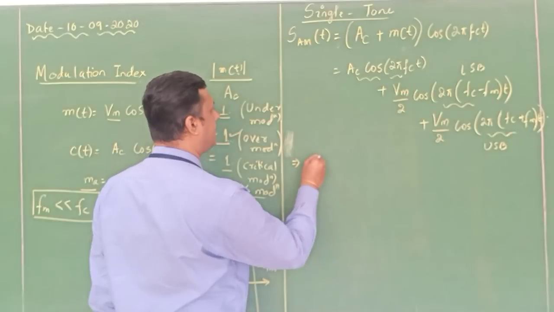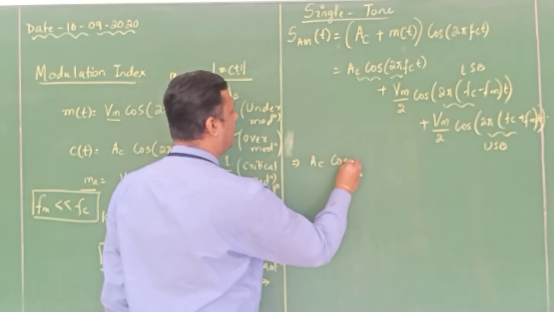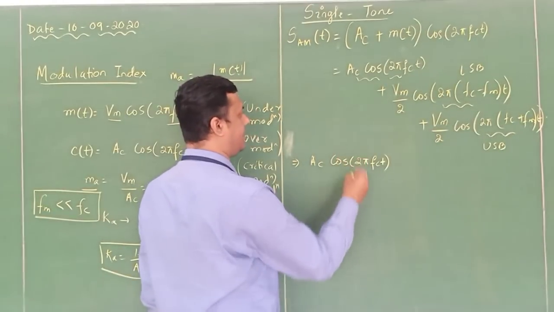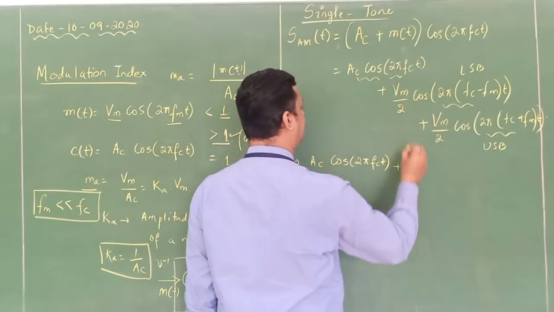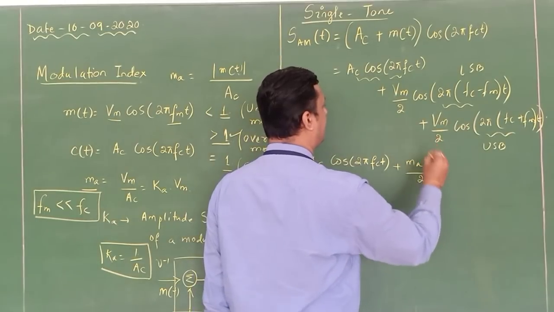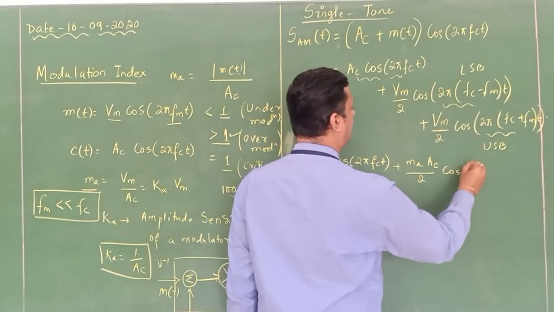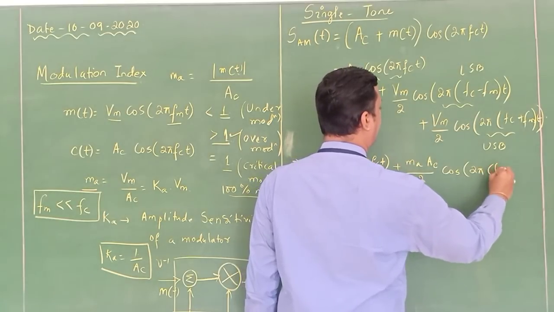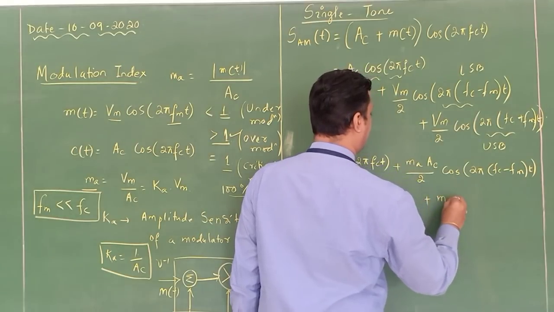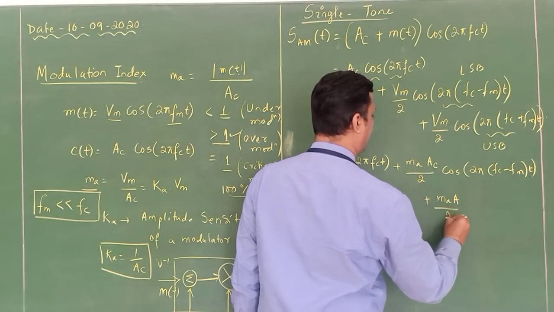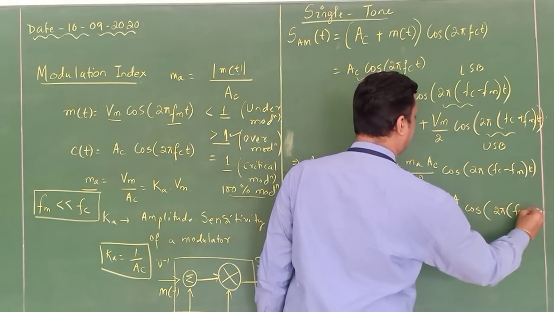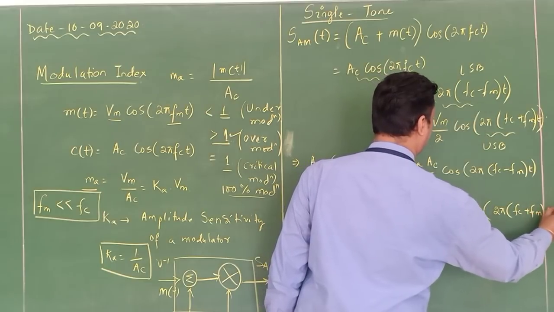So here I will write Ac cos 2 pi fc t, the carrier component, plus in place of Vm, I will write Ma into Ac divided by 2 cos of 2 pi (fc minus fm) t plus Ma into Ac divided by 2 cos of 2 pi (fc plus fm) t.